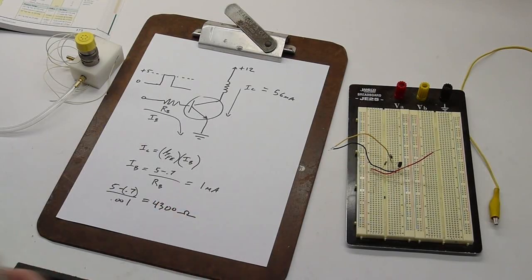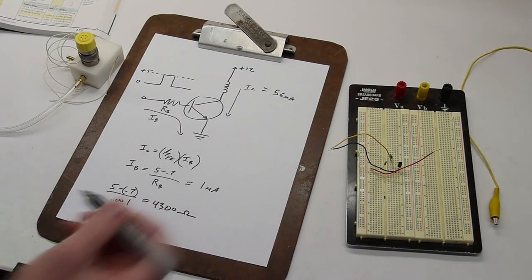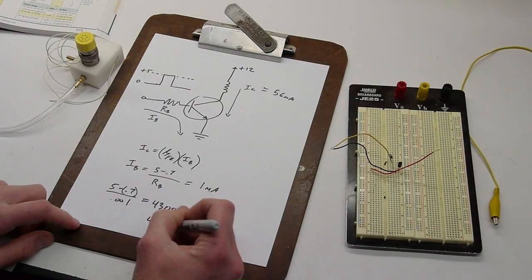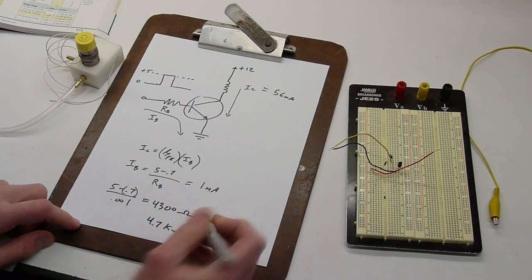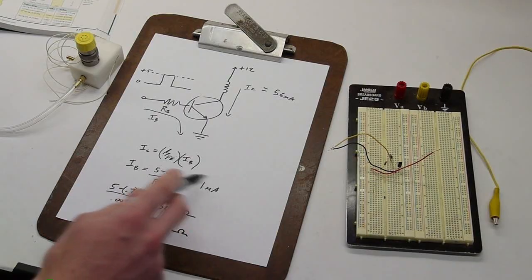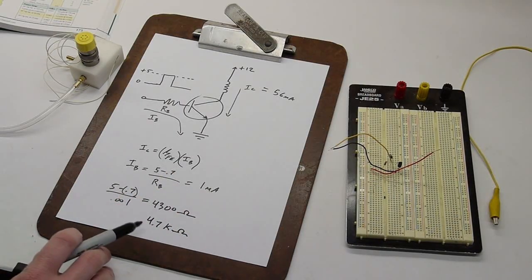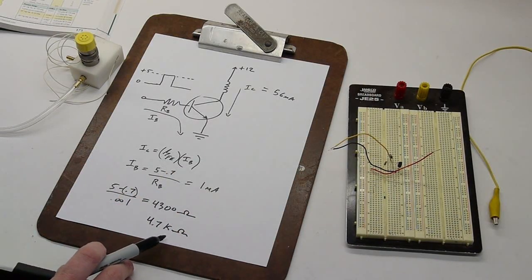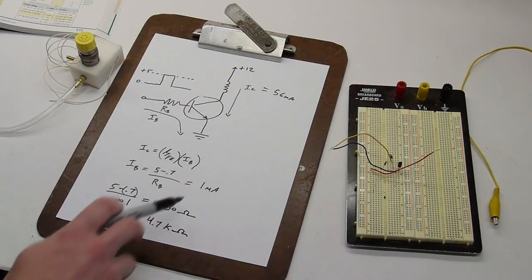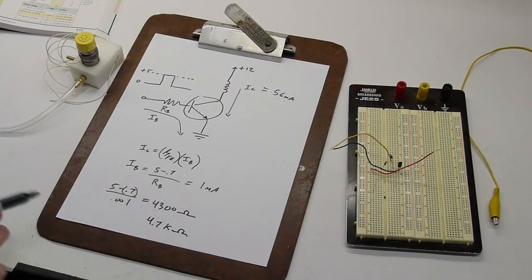That gives 4,300 ohms. Well, they don't make 4,300 ohm resistors, so we could use a 4.7K, and since we were pretty safe on our factor of choosing 1 milliamp for the base, this 4.7K resistor will flow a little bit less than 1 milliamp, but we'd still be pretty much okay.